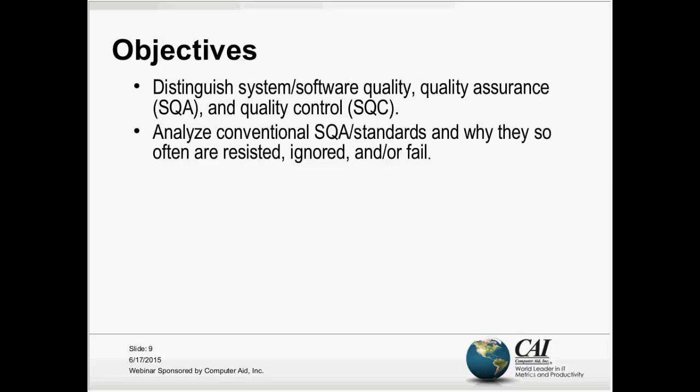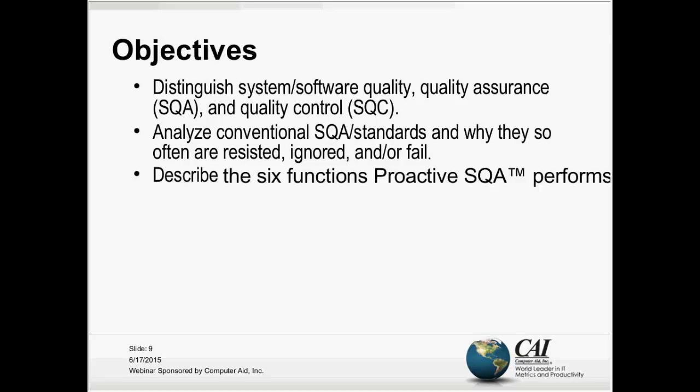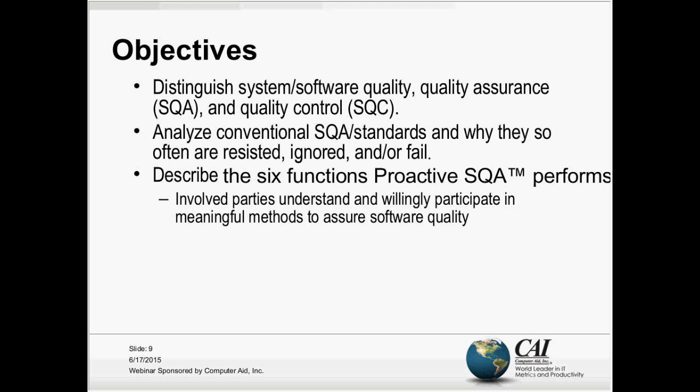And then I want to describe proactive software quality assurance, and specifically the 6 functions that it performs, and help you realize that when involved parties understand and find that the methods are helpful, they are much more likely to willingly participate and follow and use the suggested quality assurance approaches.